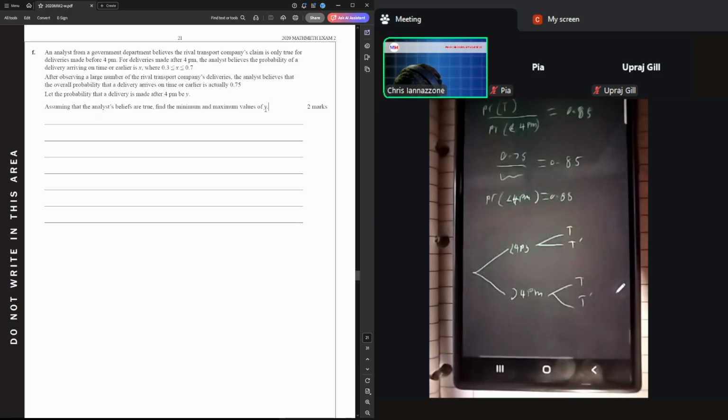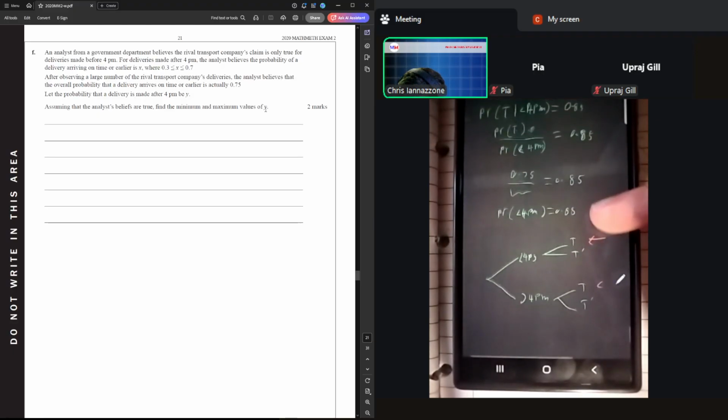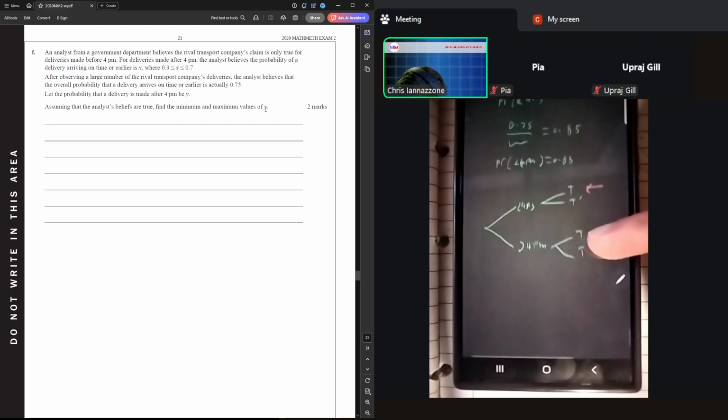What I was going to start working towards was putting probability of on time. Maybe that was the issue there, actually. I can't put this there because probability on time means adding these two things together.